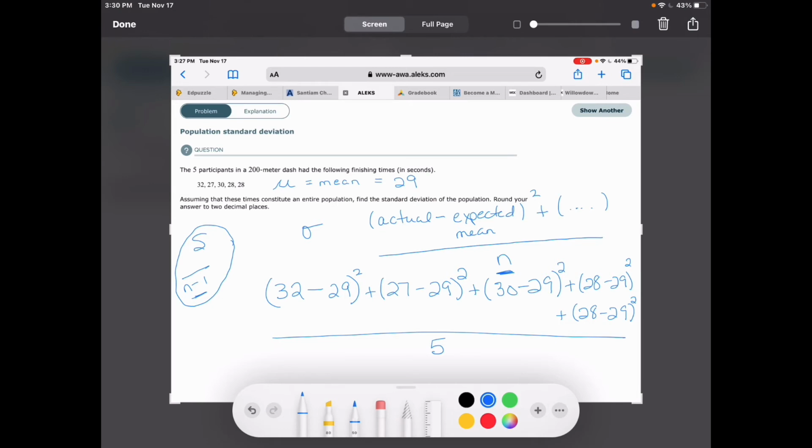I'm going to hit enter, and then I'm going to hit divided by 5, and I get 3.2. And this is what we call the population variance.